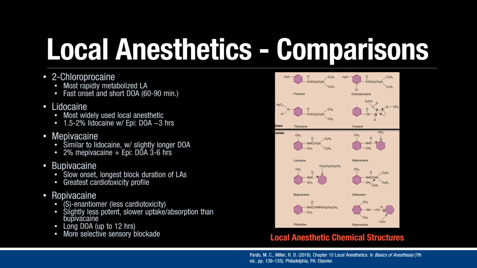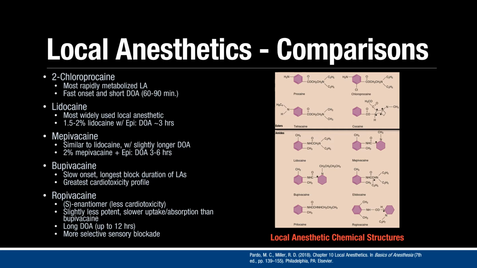So 2-chloroprocaine is the most rapidly metabolized local anesthetic. It's fast onset and has a super short duration of action, 60 to 90 minutes. So the perfect application, like we talked about, is shoulder reduction. So an interscalene or supraclavicular, infraclavicular brachial plexus block is something that would be great for 2-chloroprocaine.